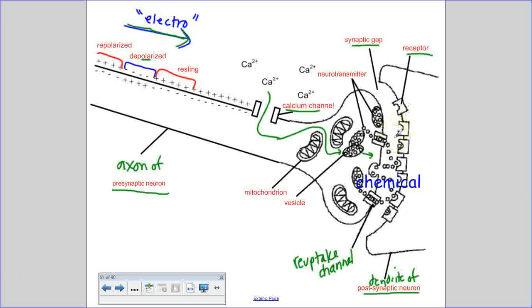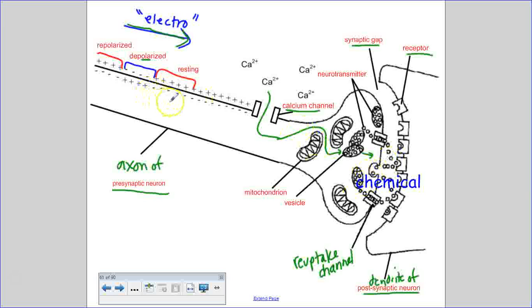In any case, if the neurotransmitters were left out in the space, then they would be there constantly, and the message would either be inhibited all the time or stimulated all the time, and we can't have that happen. That's not how they work.